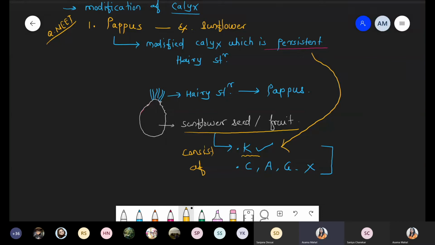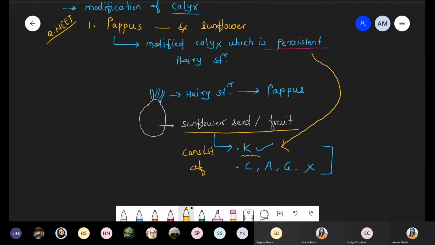Naturally, what happens after fertilization, the complete flower is converted into fruit. ऐसे ही होता है, सभी में ऐसे होता है. But we are taking an exception case where the calyx part, the modified calyx, remains as it is even after fertilization. It becomes part of the fruit or part of the seed. So the sunflower fruit or seed consists of this calyx, present in the form of pappus, in the form of hairy structure.